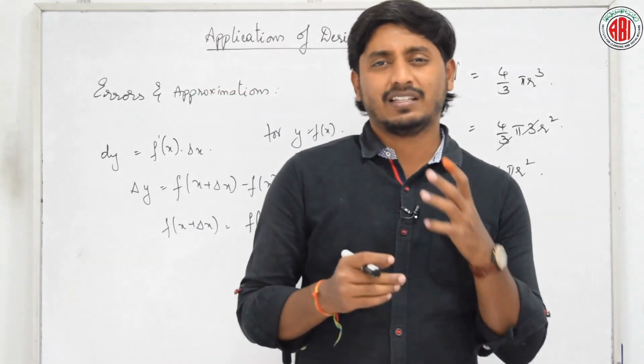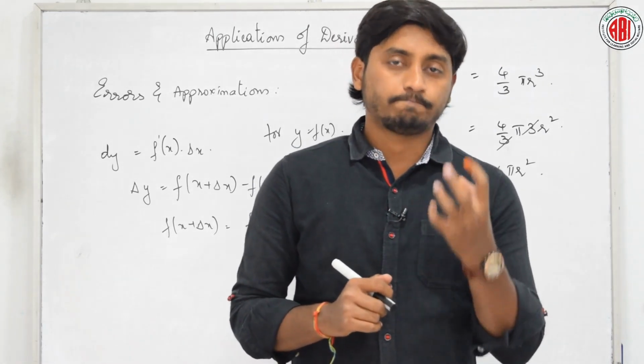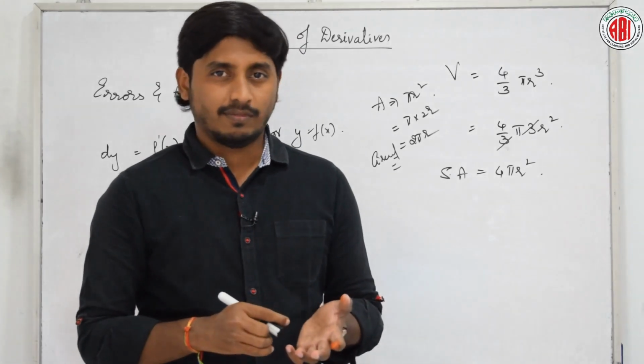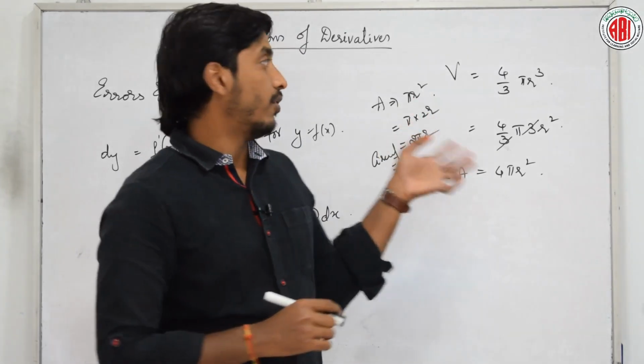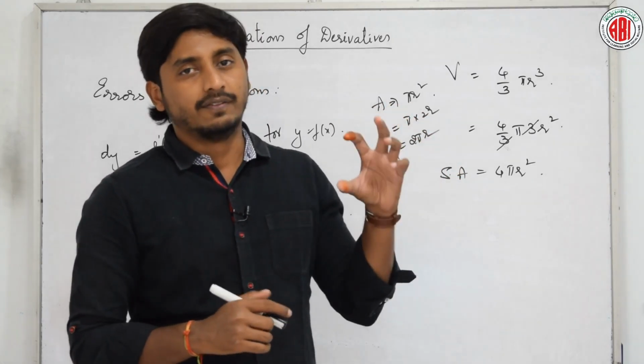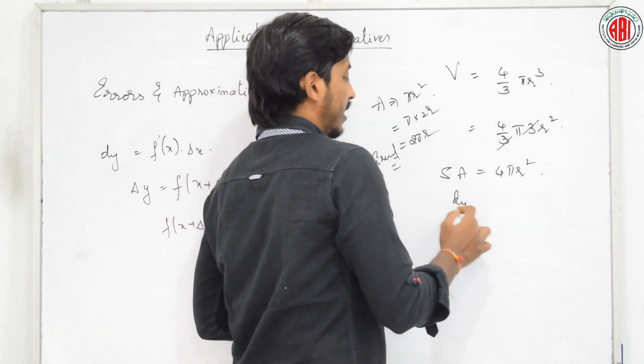How do we find the slope of a tangent? Just tell me. We used to use different formulas. Here, in order to find the tangent slope of any curve, we just differentiate that curve.